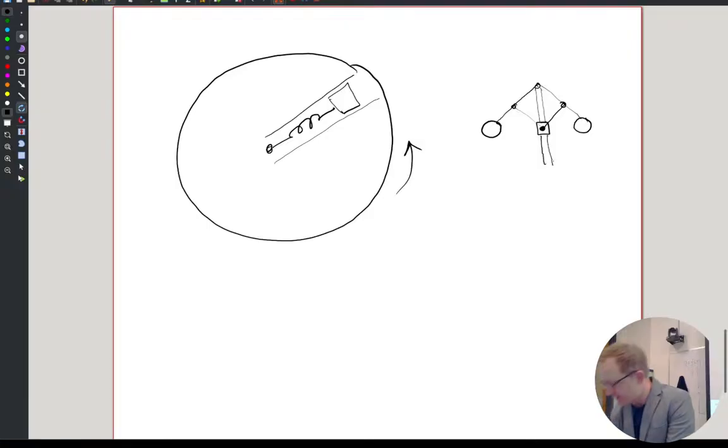As it spins, the balls fly farther apart, so you can use it to pull on something. Wait, what's spinning? The axle in the middle is spinning. Oh, the balls are on the outside. Those two balls are spinning around in a circle, and the faster they spin, the farther apart they fly.